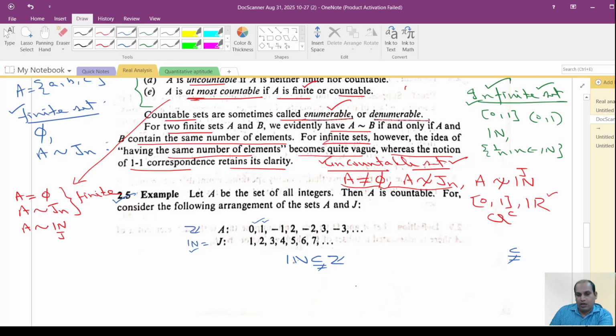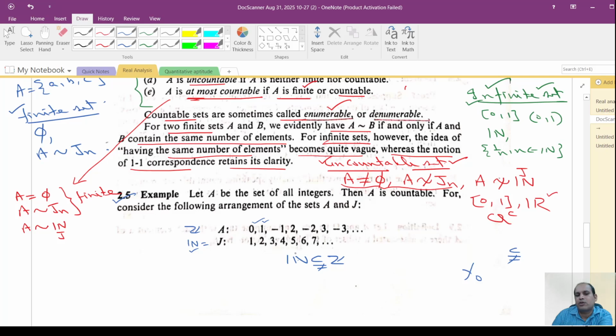So both are infinite sets, but I will show that there exists at least one bijective map between these two, and both will have the same cardinality, which is denoted by aleph naught.